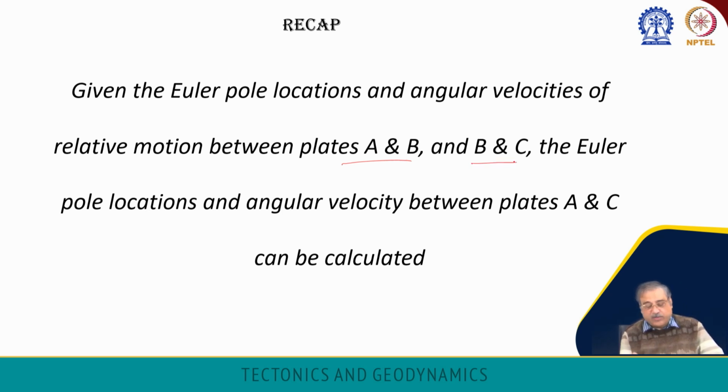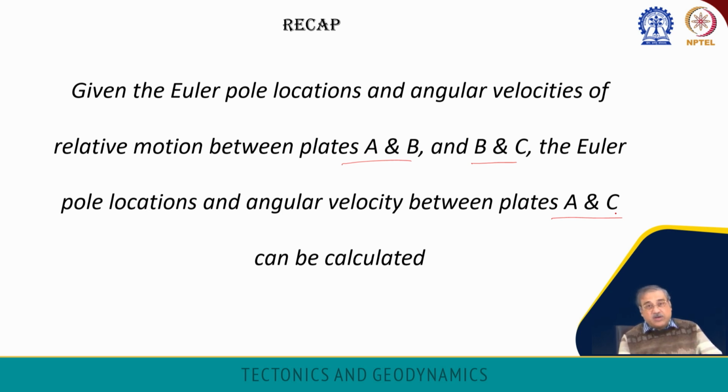And we've also been given the location of the Euler pole of rotation as well as the angular velocity of the motion between plates B and C. The question we asked was, is it possible to then calculate the Euler pole location and angular velocity between plates A and C? As we saw in the last class, we can do it in various ways.